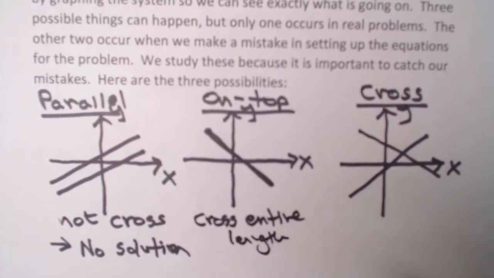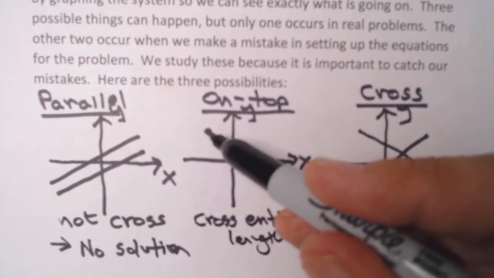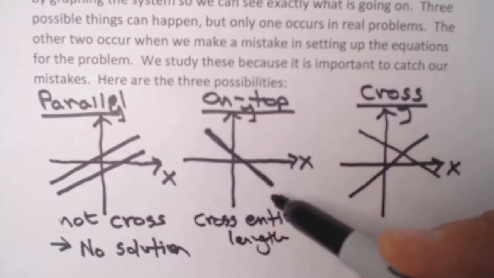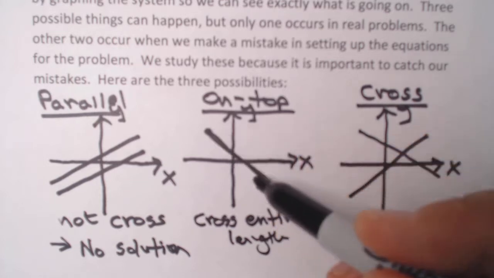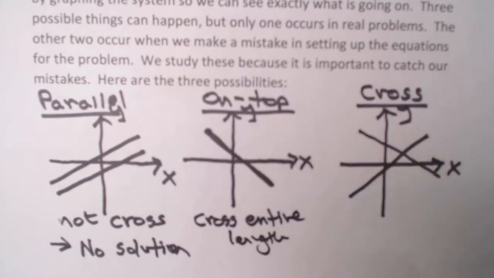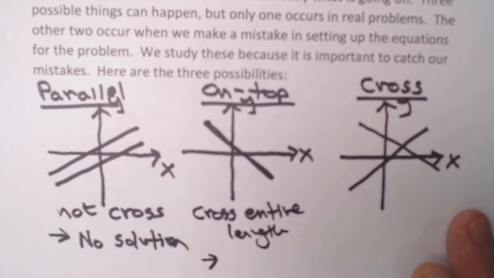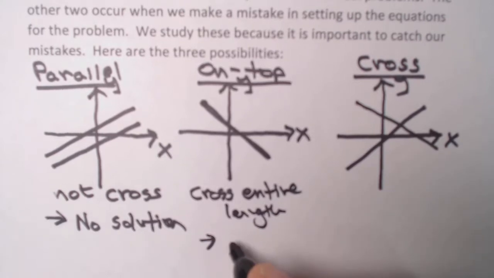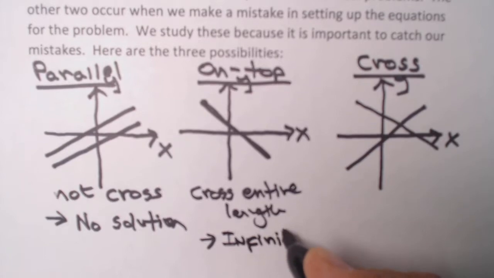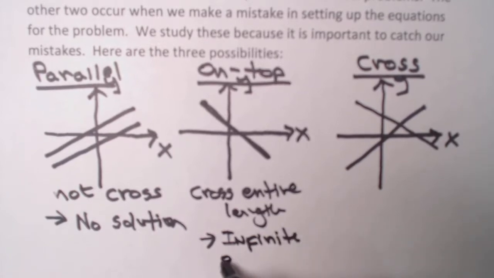Well, what happens here is you don't have one solution. You've got an unlimited number. Any point on here, the xy value on this is a solution. So we can say what we have here is then infinite solutions. Okay, so let's write that down here. Infinite, an unlimited number of solutions.